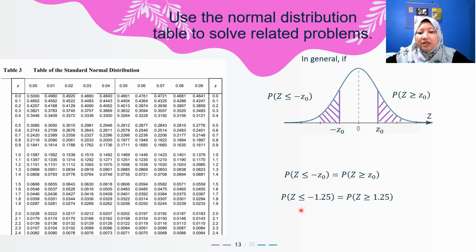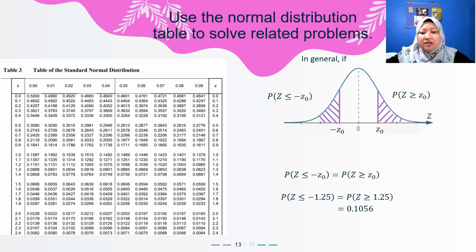For example, if we have Z less than or equal to negative 1.25, kita boleh tukarkan dia kepada probability Z greater than or equal to 1.25. Okay, remember this formula. Macam mana kita boleh dapat 0.1056? Kita lihat pada table.